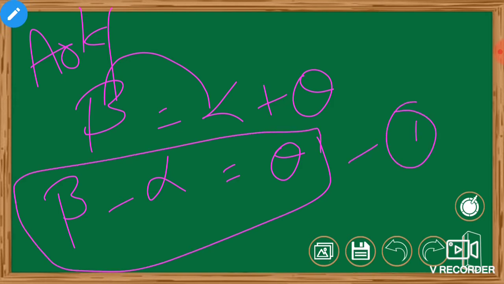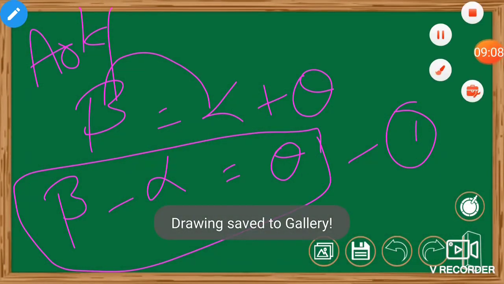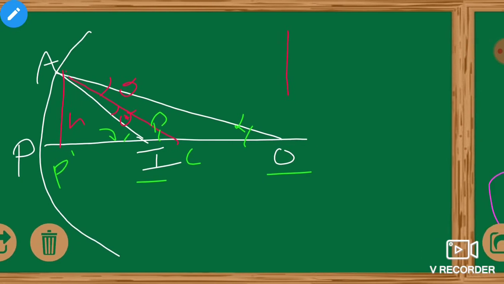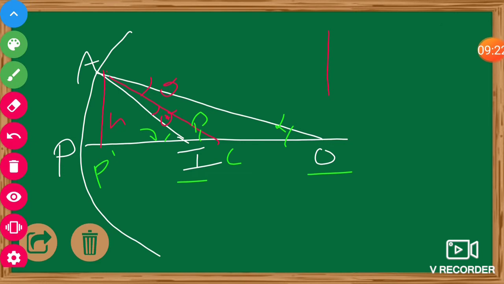We have to remember that. Okay, again, from triangle ACI, this is triangle ACI here.